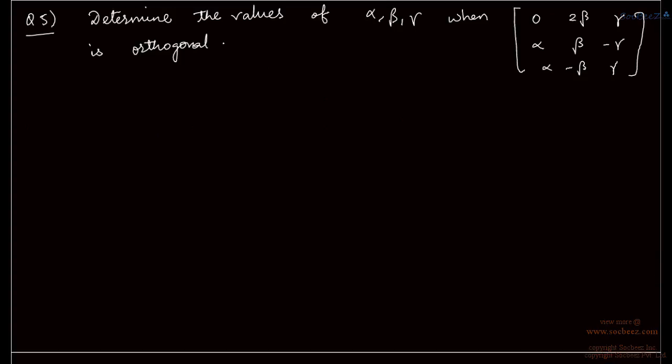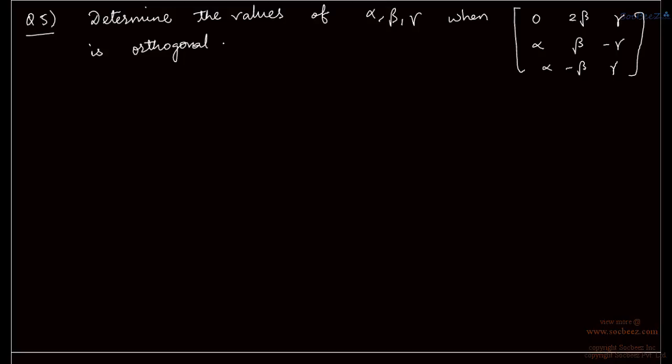Okay. Now, determine the values of alpha, beta and gamma when the matrix 0, 2 beta, gamma, alpha, beta, minus gamma and alpha, minus beta, gamma is orthogonal. Now, here is where definitions of a few special matrices should be known.